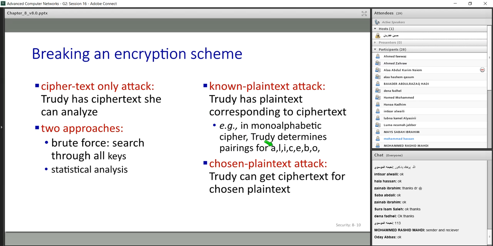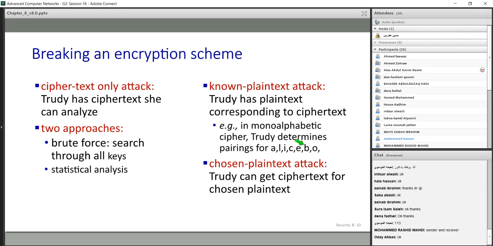For example, Trudy knows that this message is sent by Alice, so Trudy will look for the characters of Alice, A-L-I-C-E. And the other side is Bob, so she can look for B and O characters too.